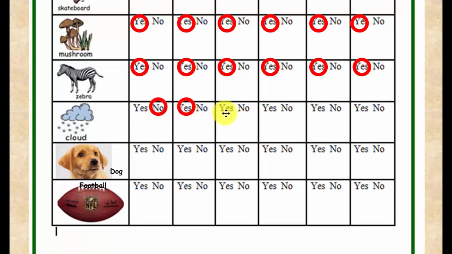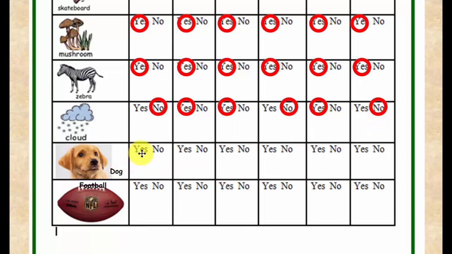Does it grow? Well, clouds do get larger. You'll have to agree with that one, right? Does it reproduce? No, it doesn't reproduce. And does it move? Yes, clouds do move. However, you'll notice we do not have 5 yeses, so it is not a living object.